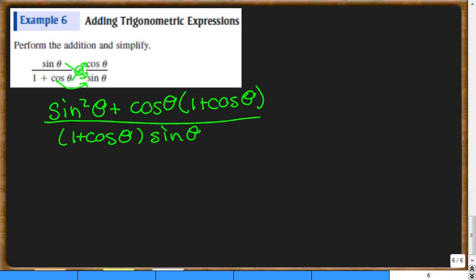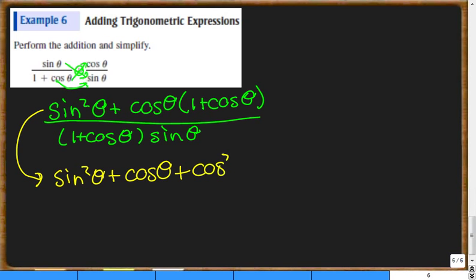So I've got a little work that I got to get done. So my numerator, when I simplify it, is going to be the sine squared of theta plus cosine of theta plus the cosine squared of theta.